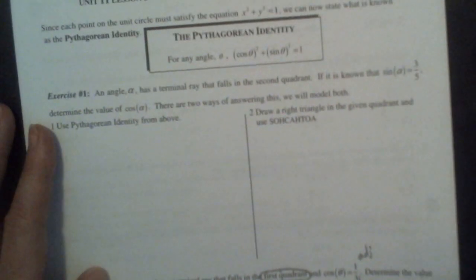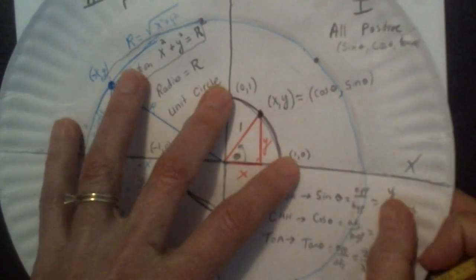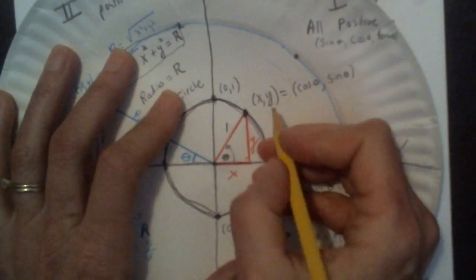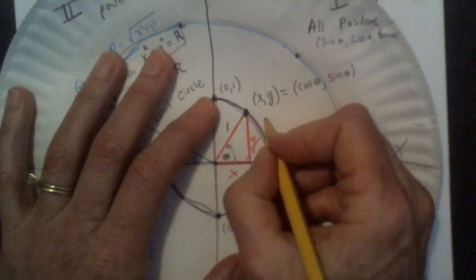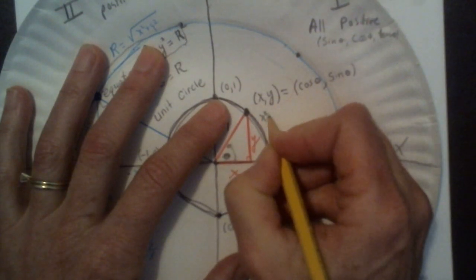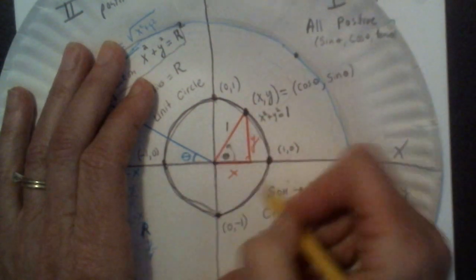Well, we have something called the Pythagorean identity: cosine squared plus sine squared equals 1. So I would like you to get your paper plate back again. Because this unit circle has an equation, if you remember from before vacation, x squared plus y squared equals 1. That is for the unit circle.